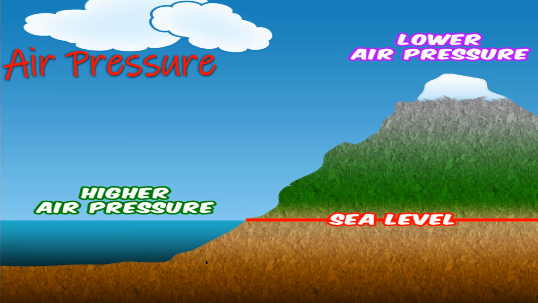Just like there is pressure at the bottom of a swimming pool, there is pressure caused by the weight of the air on all objects, including us, on and above Earth's surface. At sea level, there are about 15 pounds of air pressure per square inch.